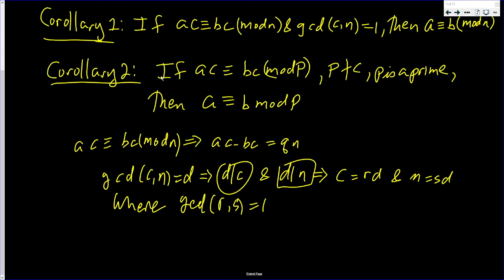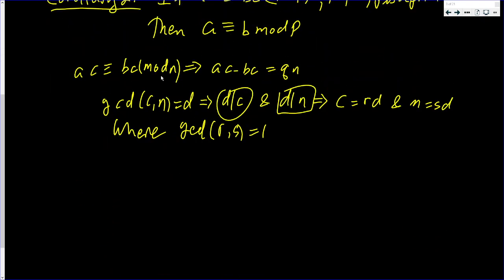Now, it makes sense for the GCD of R and S to be 1, because D goes into C and D goes into n. D goes into C R times, and D goes into n S times.